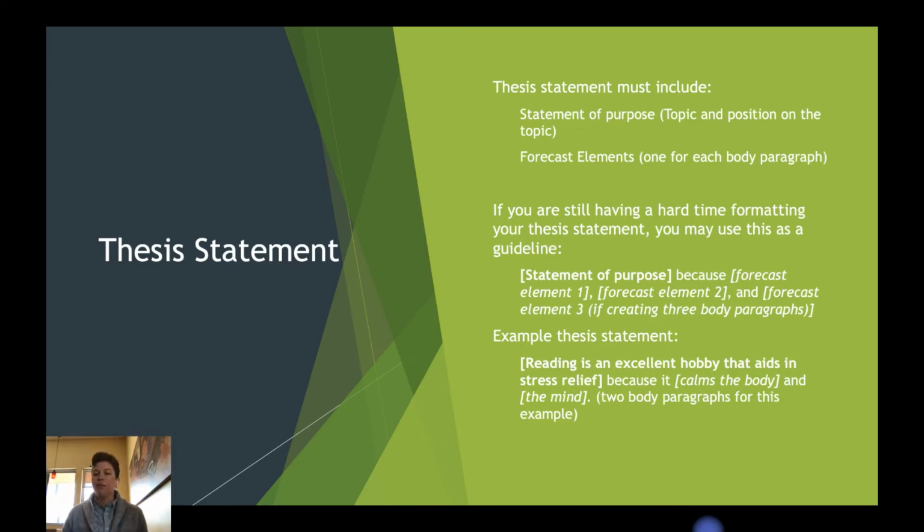An example thesis statement would be: reading is an excellent hobby that aids in stress relief because it calms the body and the mind, right? So we know that calms the body is 1 forecast element, calms the mind is the 2nd forecast element, and the overall purpose of the paper is for you to talk about how reading is an excellent hobby that aids in stress relief. This particular example is going to contain 2 body paragraphs because there's 2 forecast elements. So that's my brief overview of thesis statements.